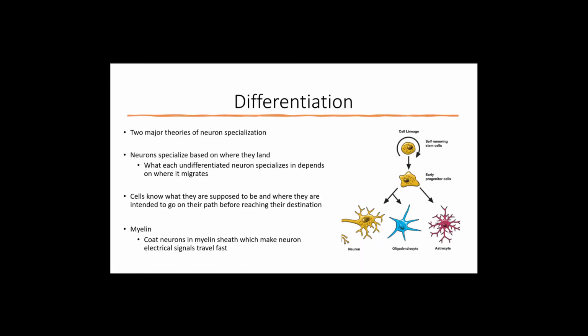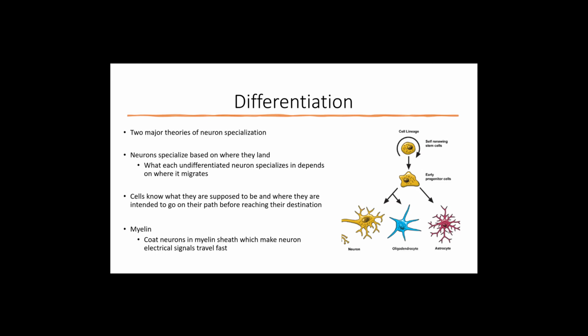Next, differentiation. There are 2 major theories of neuron specialization. Are neurons specialized based on where they land? What each undifferentiated neuron specializes in depends on where it migrates. The first theory is that cells know what they're supposed to be and where they're intended to go on their path before reaching the destination. So the idea here is, how much do the neurons know what they're doing?